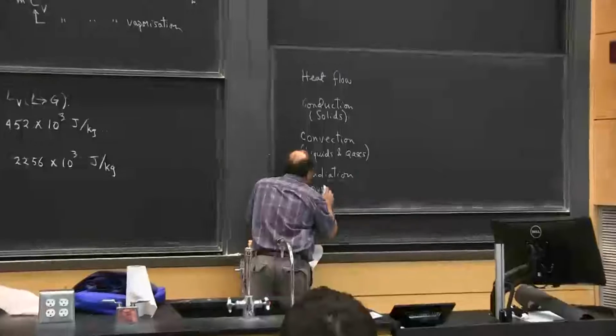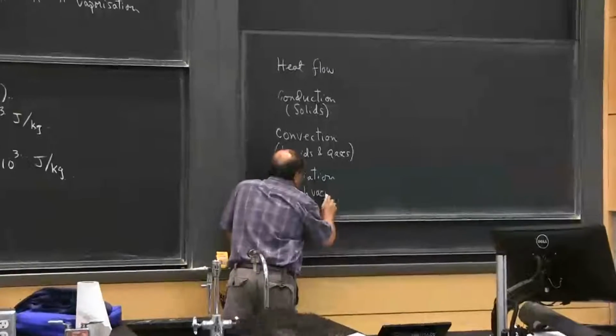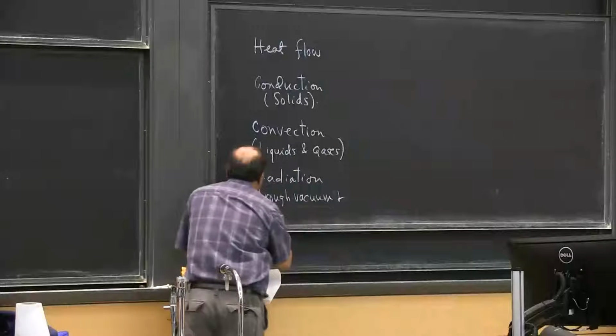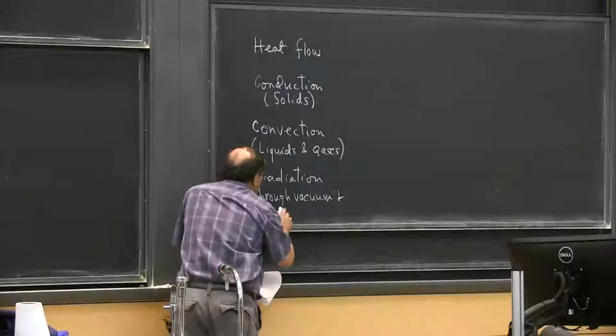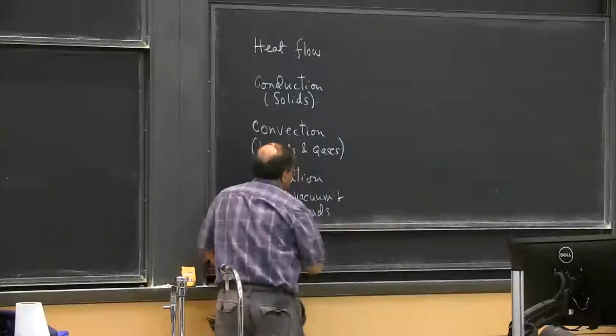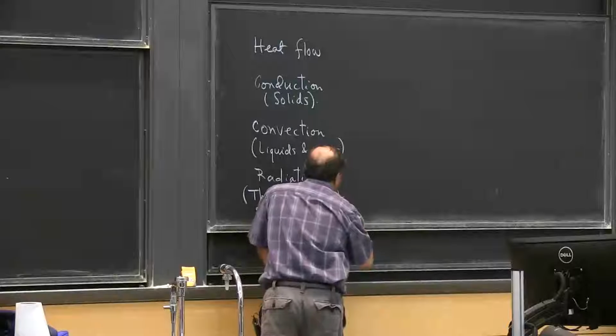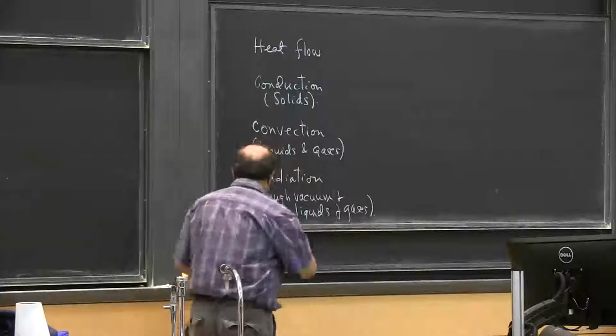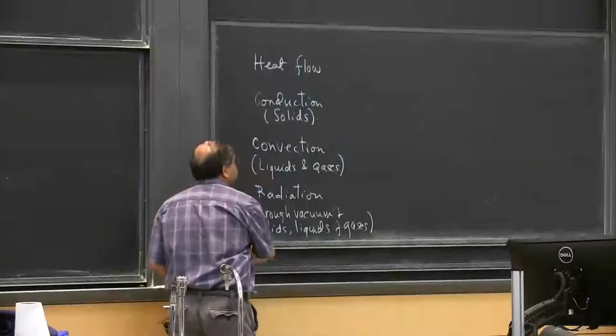It doesn't need a medium at all, and I'll tell you more about it in a minute. So it happens in all of them, solids, liquids, and gases. Okay? So let's first go to the conduction problem.